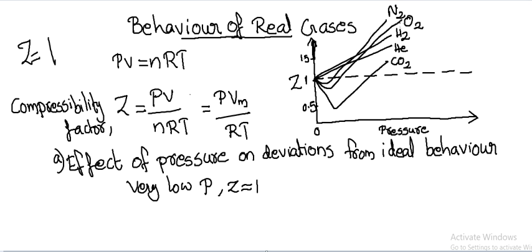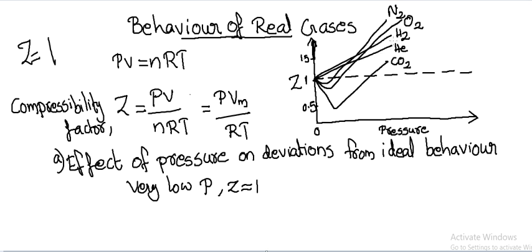Then, on the other hand, for helium and hydrogen, Z value shows only a continuous increase with the increase in pressure.